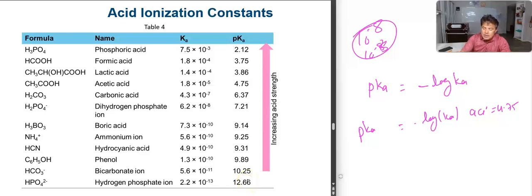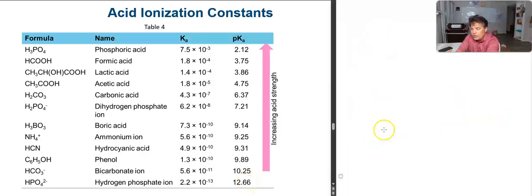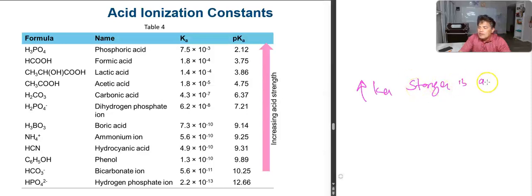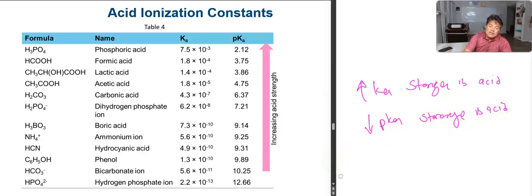So what is happening is that the larger the Ka, the stronger the acid, and the smaller the pKa, the stronger the acid. See the increasing strength. HPO4 2 minus is the weakest in this list, with pKa equal to 12.66. H3PO4, phosphoric acid, is the strongest in this list.